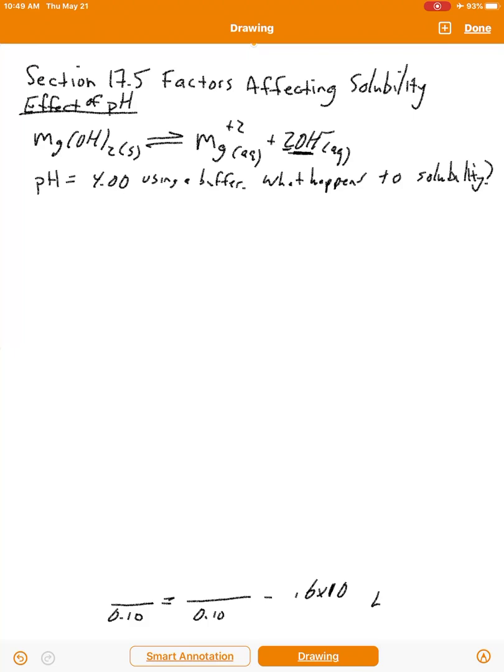So let me show you how we would deal with this. Since the pH is 4, the pOH would be 14 minus 4, right? pH plus pOH equals pKw, which is 14.